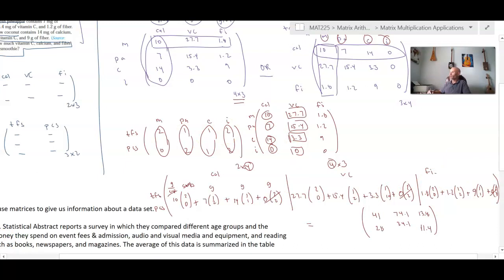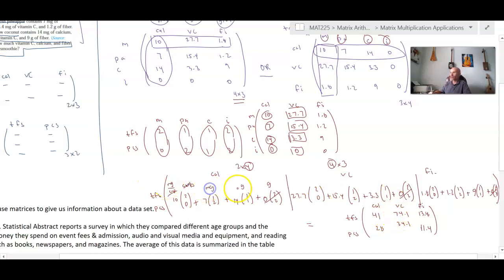Okay, here's our result written out, and once again, this is for tropical fruit smoothie, this is for pina colada smoothie, and this corresponds to the calories, I keep saying calories, calcium, vitamin C, and fiber. So that means that a tropical fruit smoothie has in total 41 milligrams of calcium. I think I wrote grams over here.